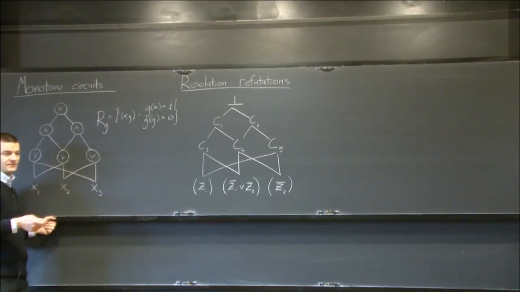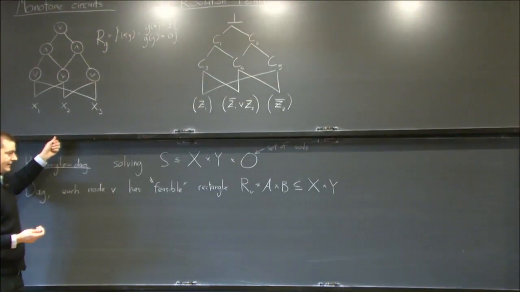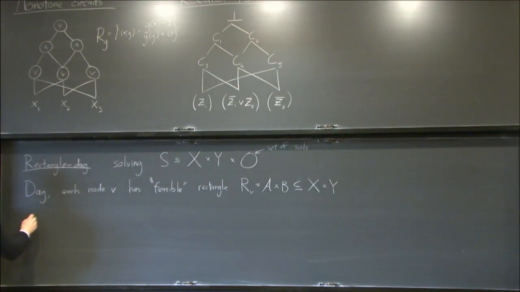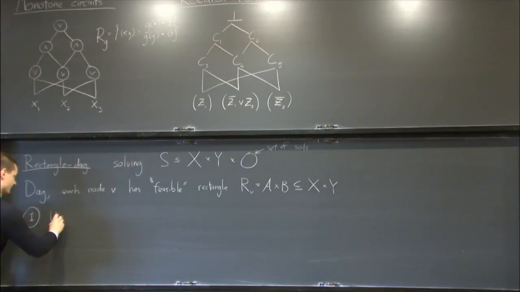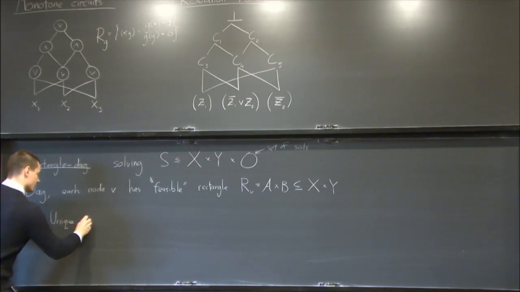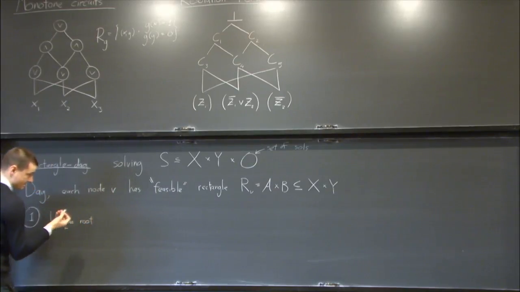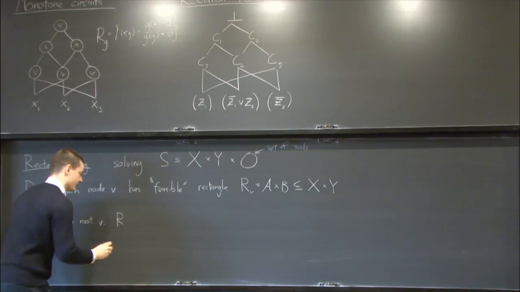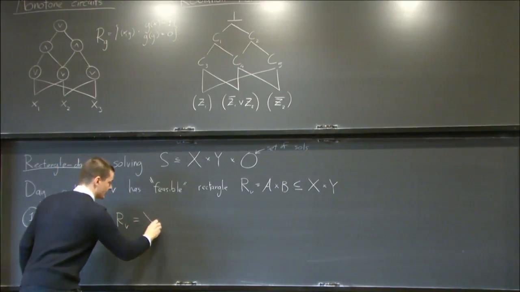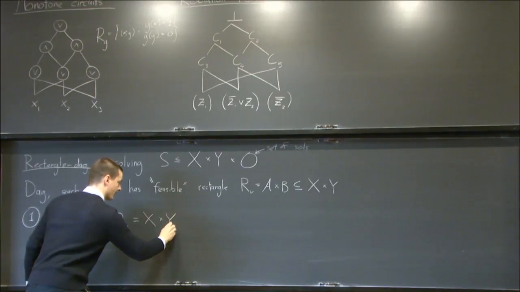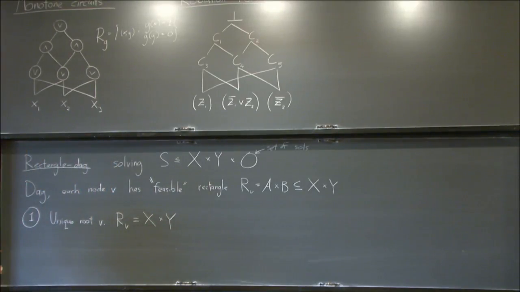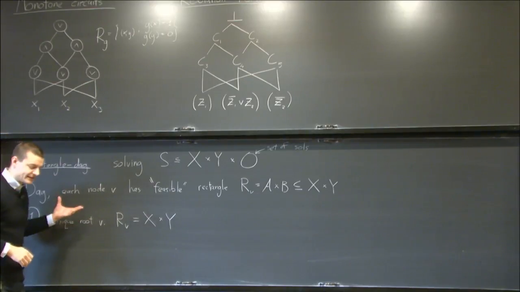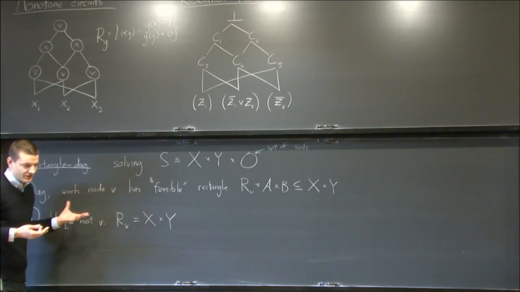So that's the first property I want to write down more abstractly: in a DAG I require, firstly, a unique root node, such that the feasible rectangle is the set of all inputs. You should see that this is going to be a generalization of tree-like protocols.